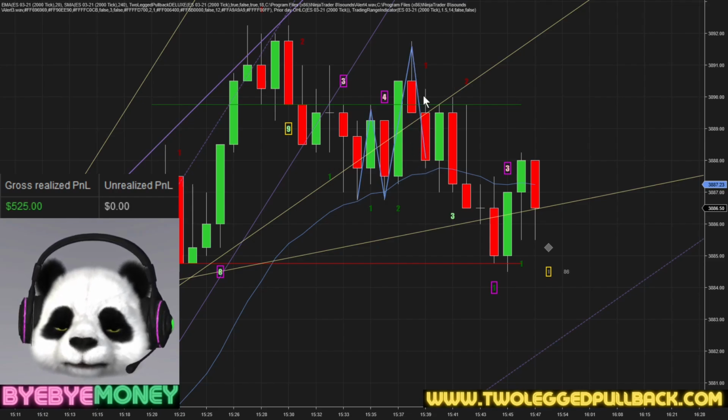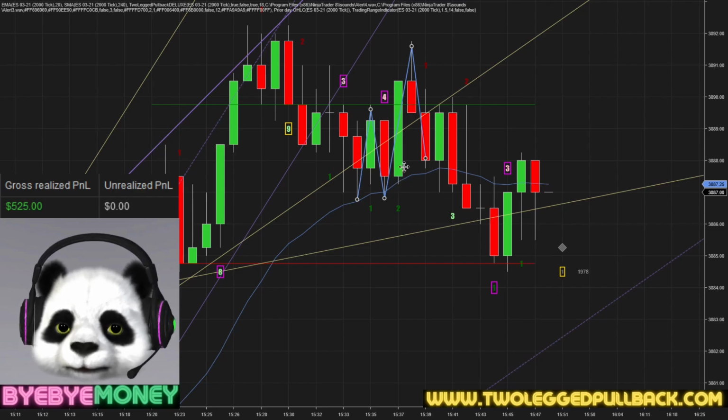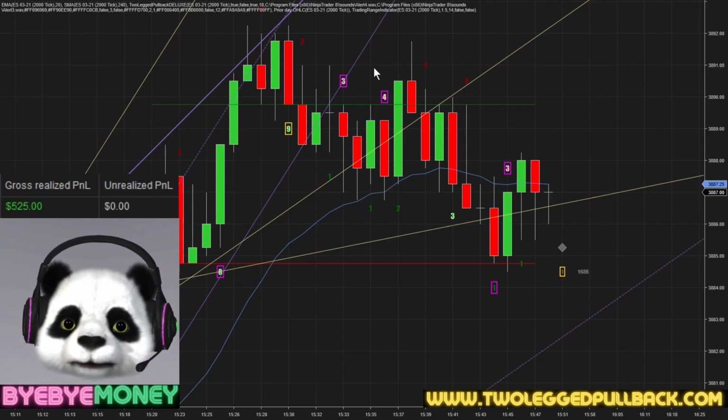Yeah, of course you don't need it, but why not use it if you could? A two-legged pullback like this is very hard to detect. You have little teeny wicks here that are about 2 ticks long, and it's hard to keep track of all these movements in such a tight range.